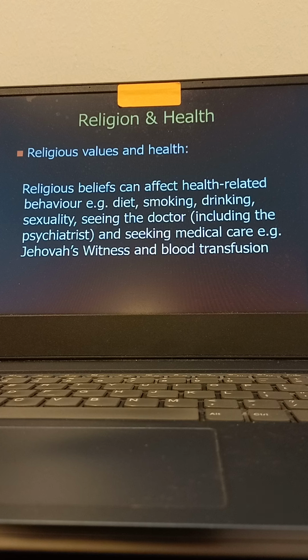So in that case, if somebody who's a follower of Jehovah's Witness gets into a situation where there's heavy bleeding and so on, then that would be a difficult situation in terms of what the healthcare provider can do, right? So if the healthcare provider wants to respect the person's religious beliefs.